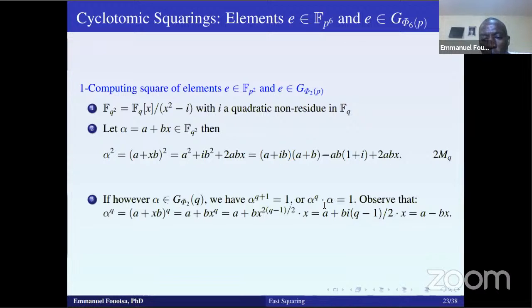So we are going to interpret this relation and put it inside this formula to see if we get a simplification. So what is alpha to q actually? If we take this same alpha and raise it to q, it is a Frobenius. After a little manipulation, we obtain A minus.